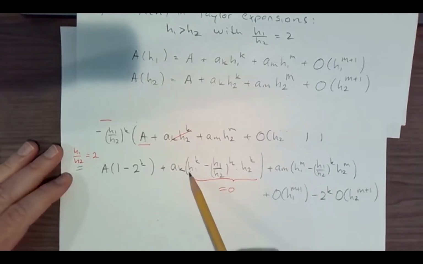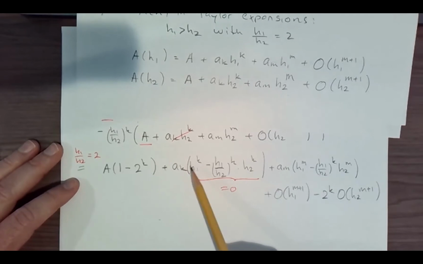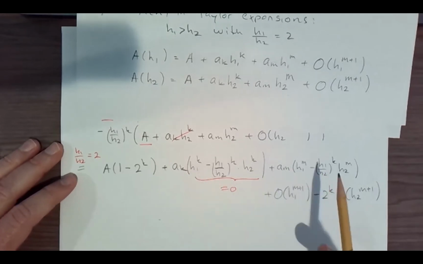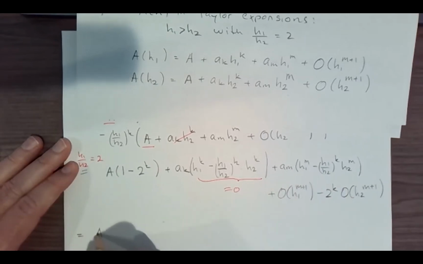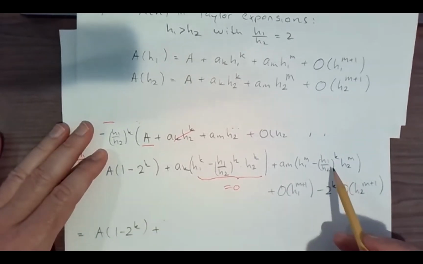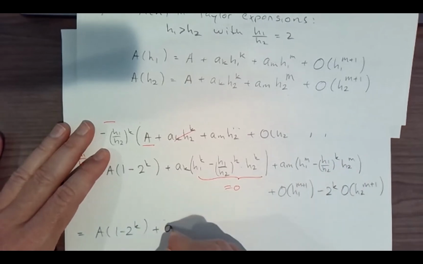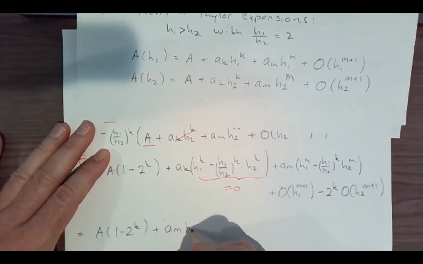So you can see now what happens here with this K is that the K is dropped out. There's no h to any power k, the higher order term now is going to be something with h1. So I can write this more compactly as a times this thing. That one is gone. I can take advantage of h1 over h2 being 2, so I can pull out, say, am here, and I'll pull out h2.